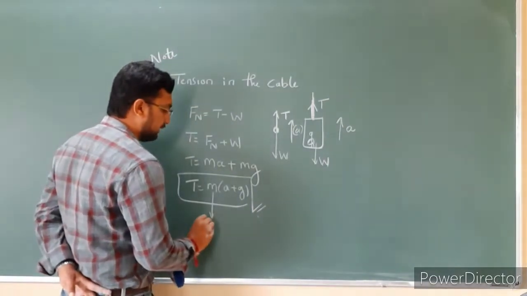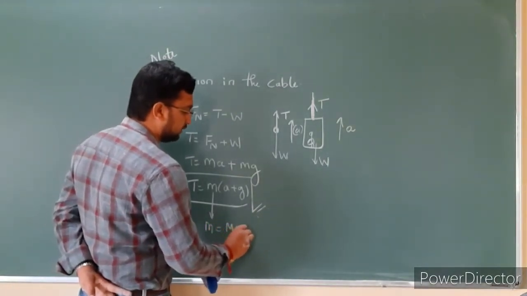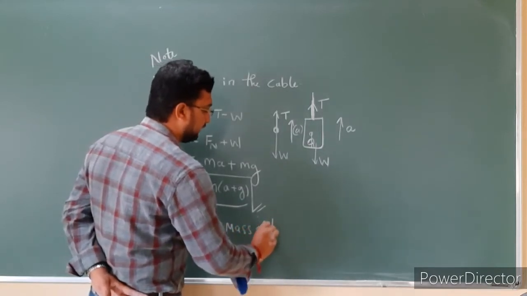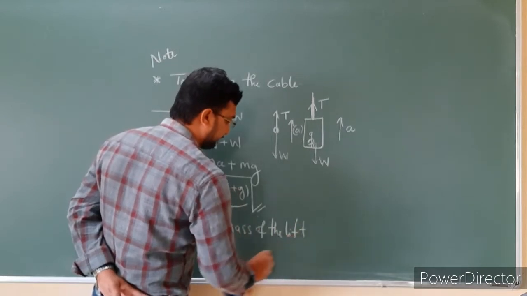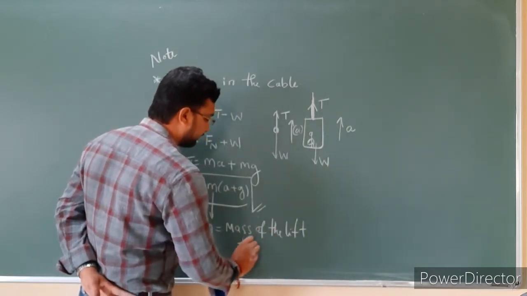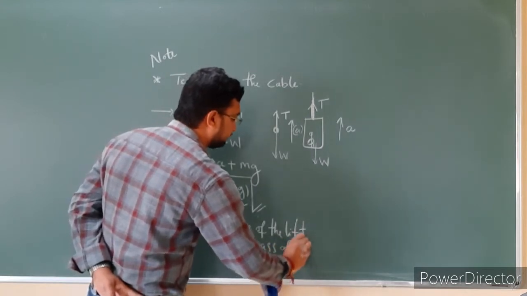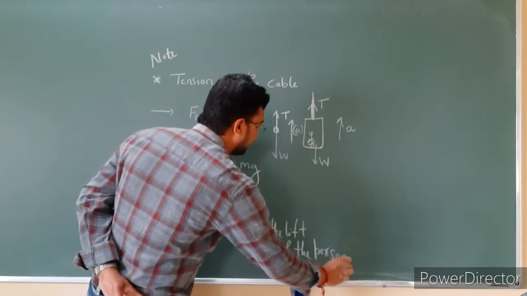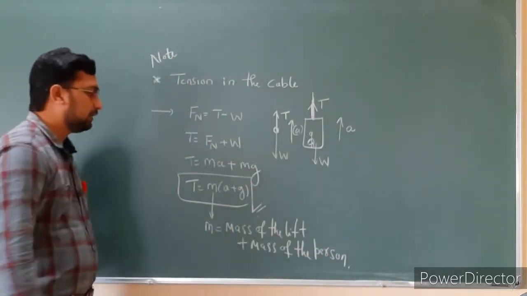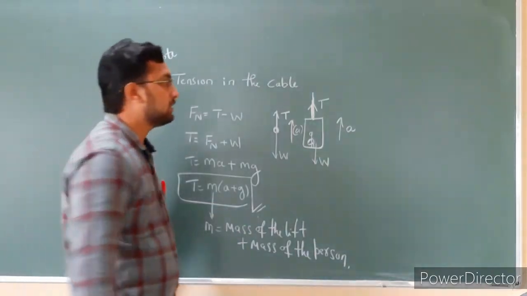So here m indicates the mass of the lift plus mass of the person. So the tension developed in the cable is equal to m bracket of a plus g.